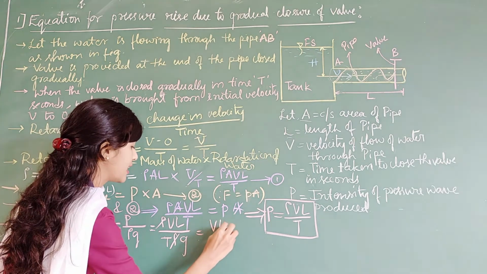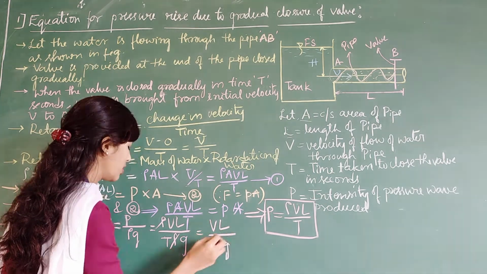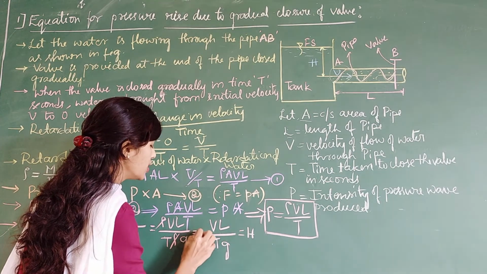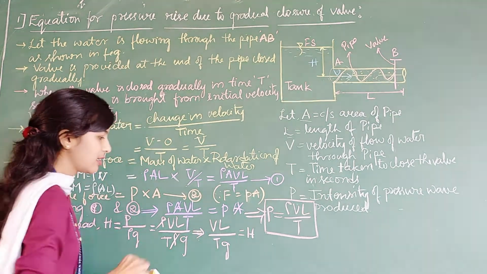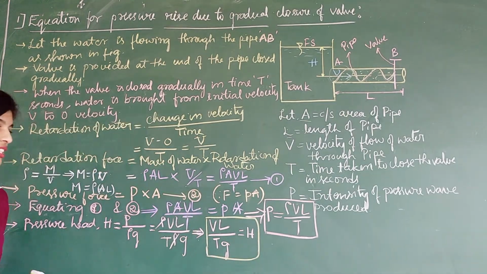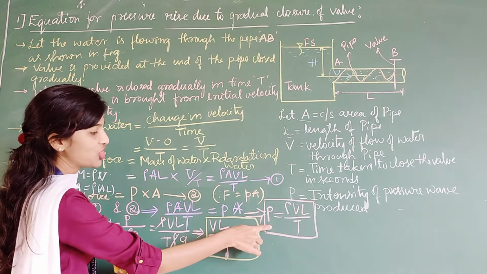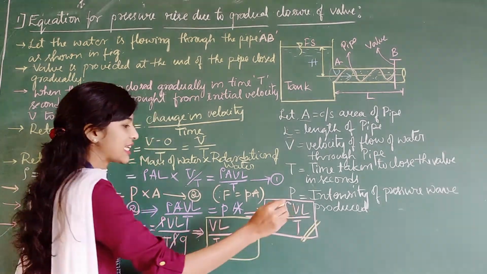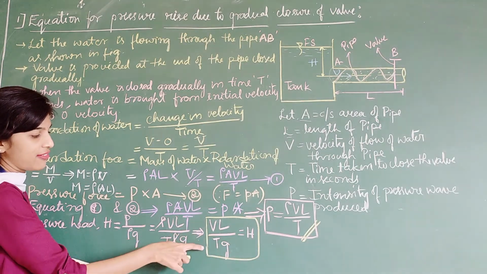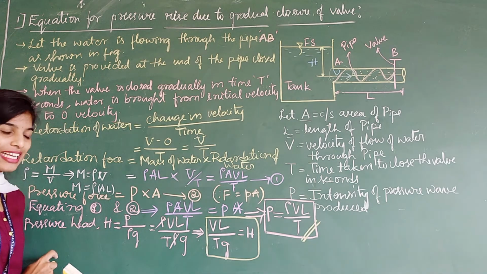You will get V L by T G. So pressure head H is equal to V L divided by T G. This is the equation for pressure head. So the pressure rise due to the gradual closure of the valve is P is equal to rho V L by T, and the pressure head is given by V L divided by T into G.